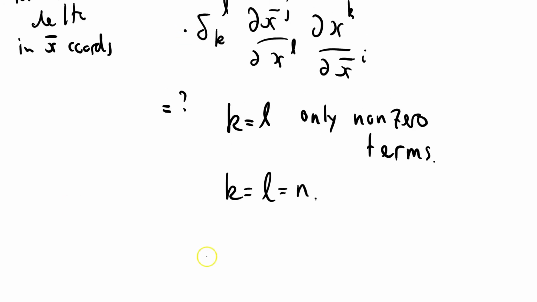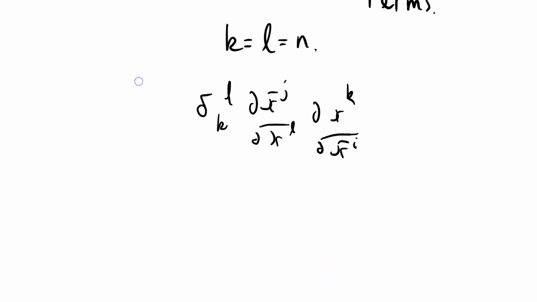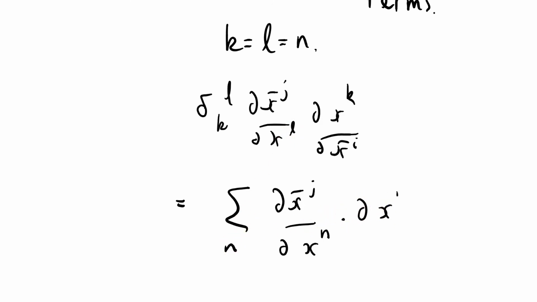So this thing, delta kl di x bar j by di xl, di xk by di x bar i, all I'm doing is copying that, equals the sum over n. Didn't really need to say that, but I'm going to say it anyway. Di x bar j by di xn, because I've got l here but I'm only interested in it when it's equal to n, times di xn, because it's a k there, by di x bar i.